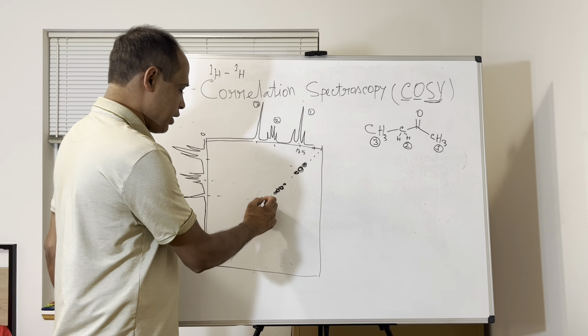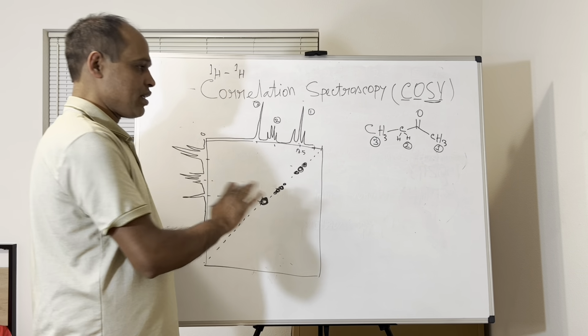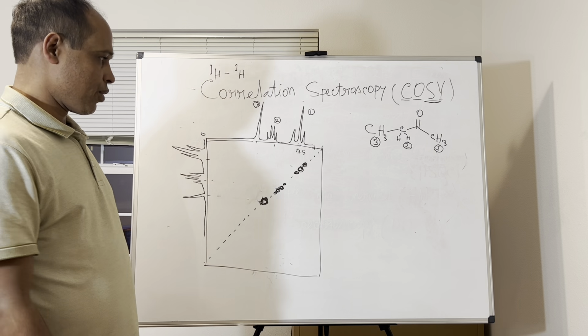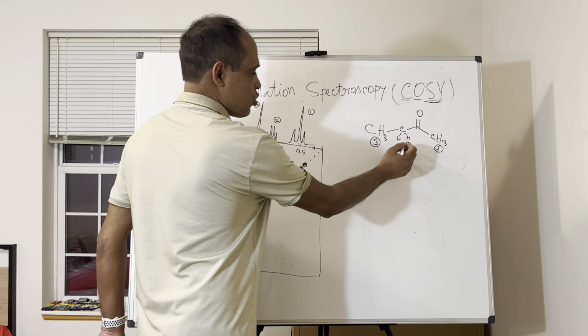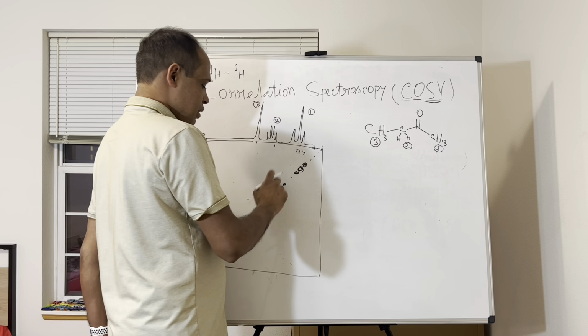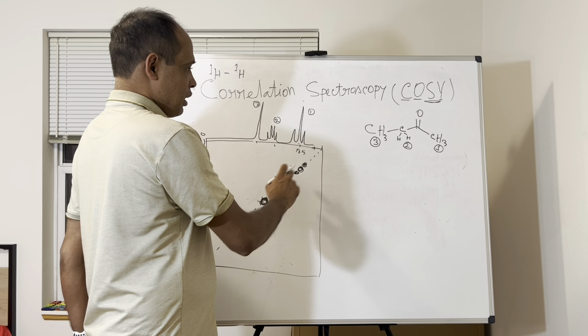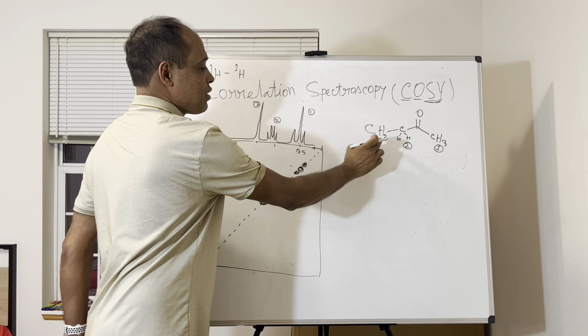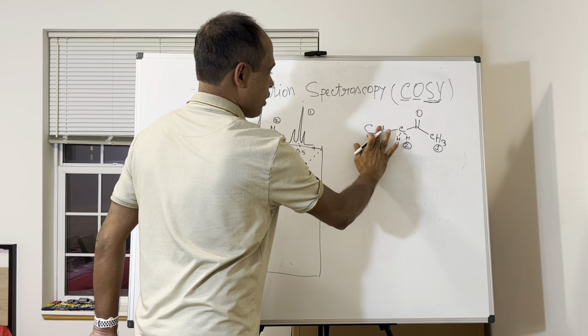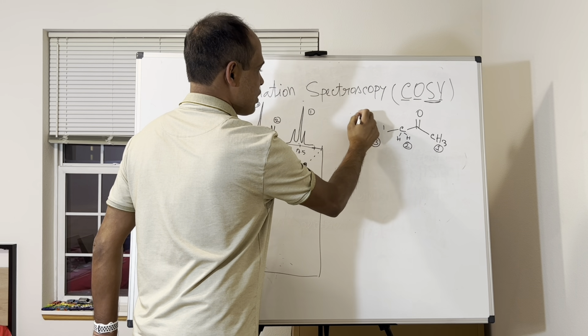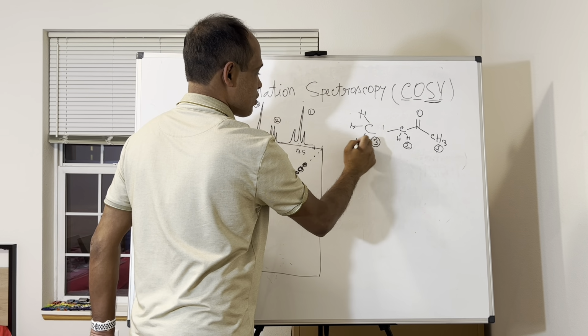So it will show just one single peak. But for 2 and 3, the number 2 proton has a neighboring number 3 proton. So I just simply assume this way.